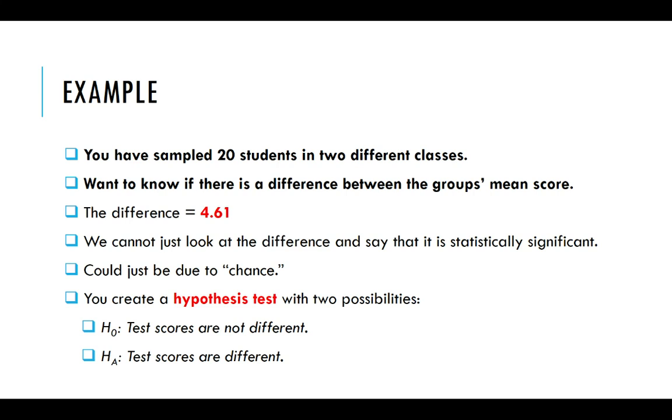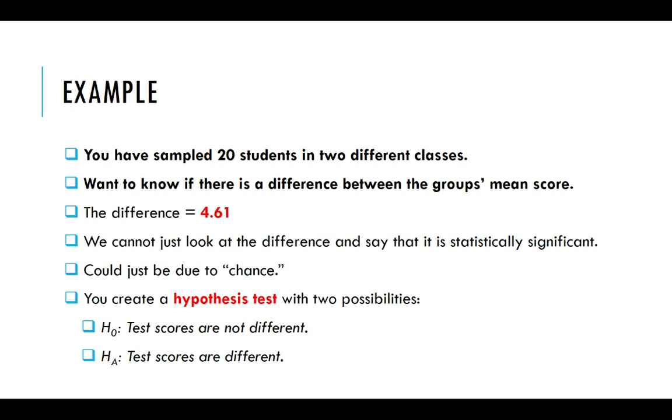So I have a hypothesis that the test scores are not different. But to make this study interesting, right, if I'm doing a scientific study, that wouldn't be very interesting to find that they don't differ. So I have an alternate hypothesis, H sub A, that test scores are different. So I'm hoping that maybe I can reject that null hypothesis and prove that they are significantly different.